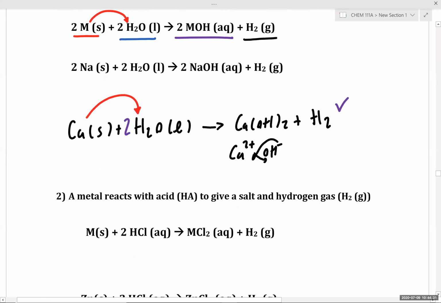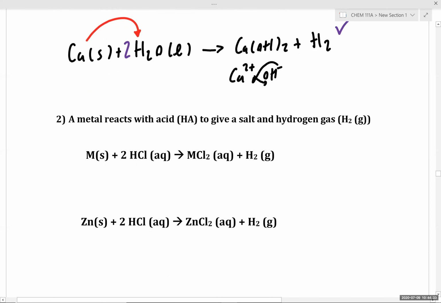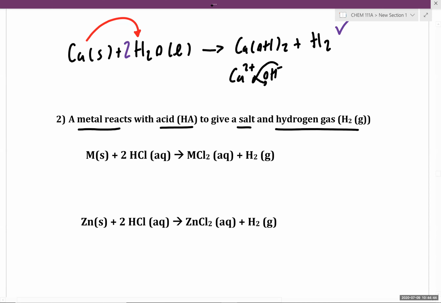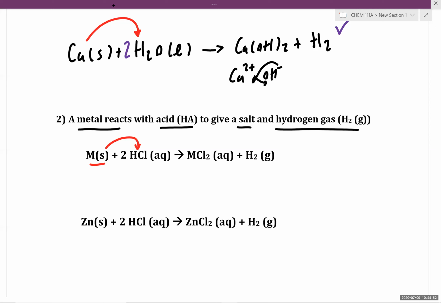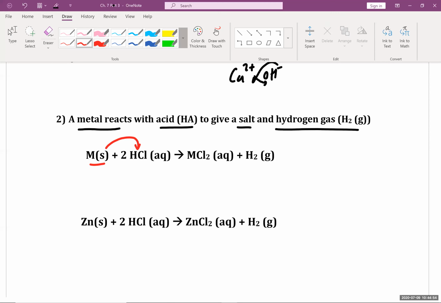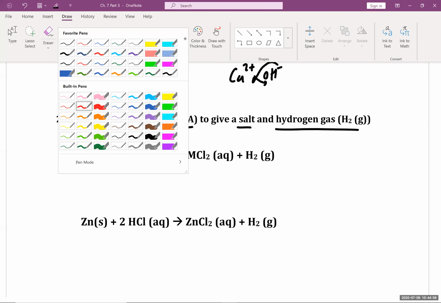So another subclass of hydrogen displacement is when a metal reacts with acid to give a salt and hydrogen gas. So in this case, our metal is replacing hydrogen from our acidic compound.